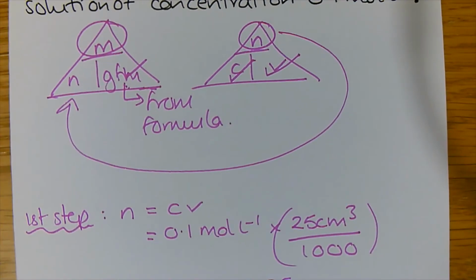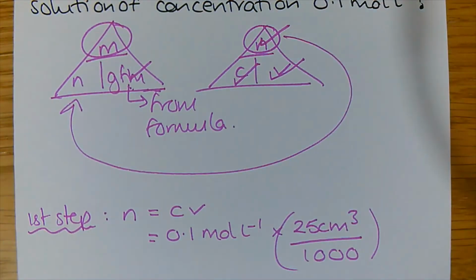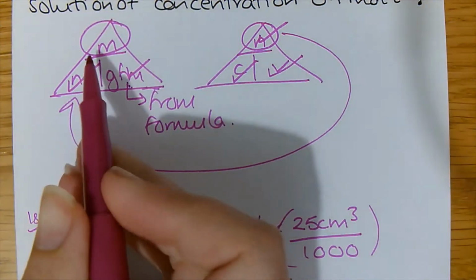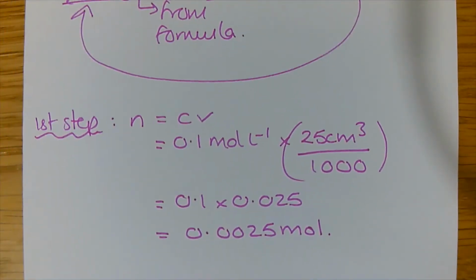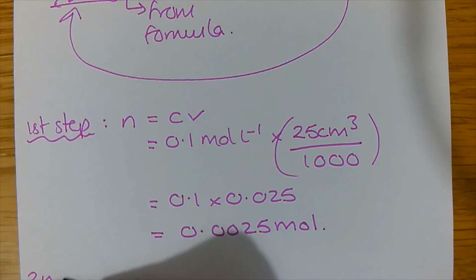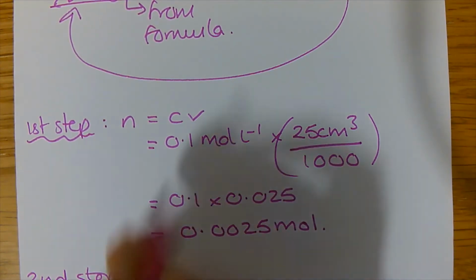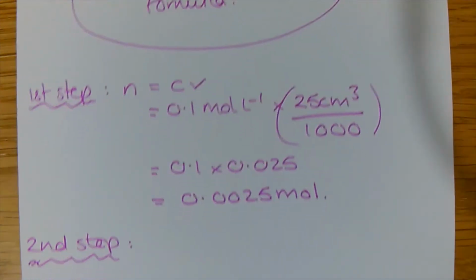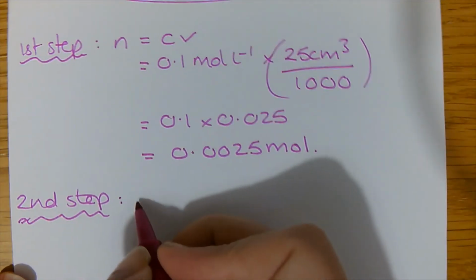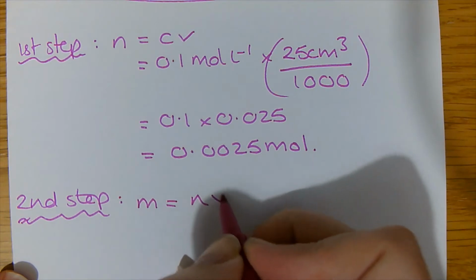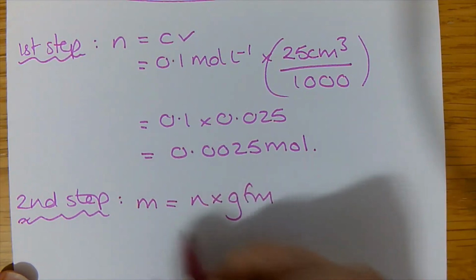Okay, so we now have the number of moles for both triangles, so we can get back to the second step, working out the mass. Mass equals the number of moles times the gram formula mass.